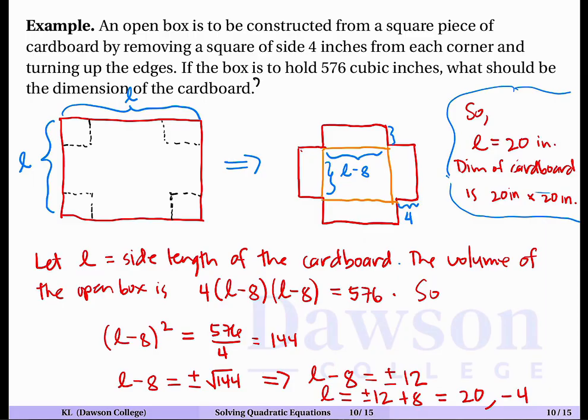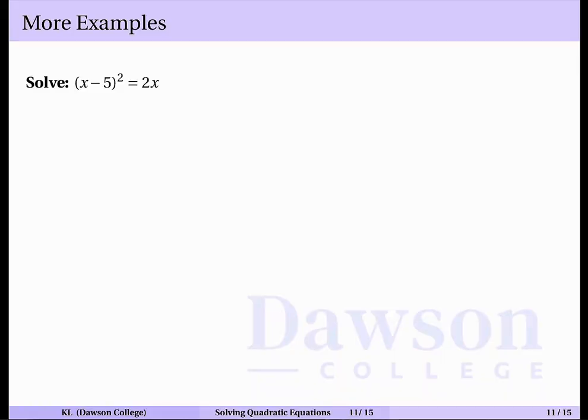Let us look at some more examples here. So we have x minus 5 squared equals 2x. Now observe, we have something being squared, but the right-hand side involves a variable. So take note of that. You cannot just take the square root of the right-hand side because it involves variables.